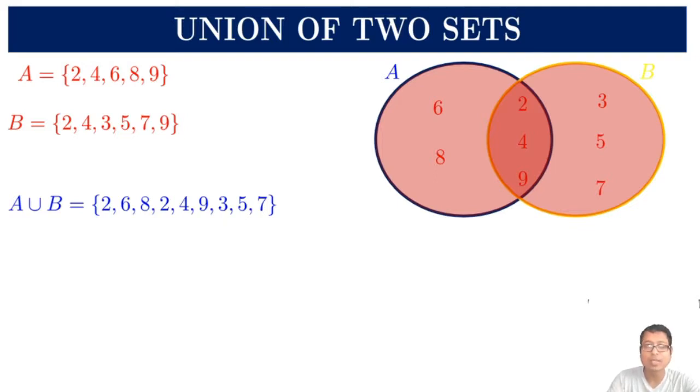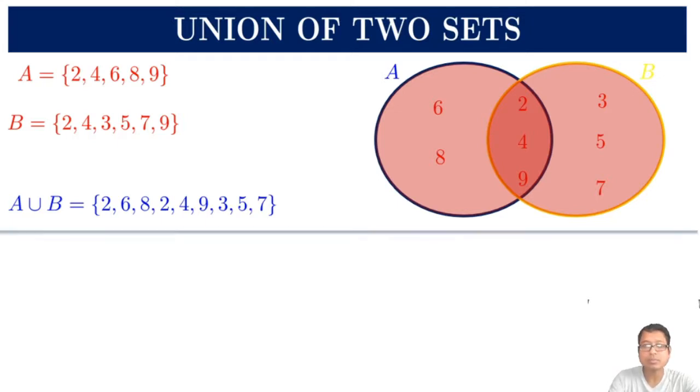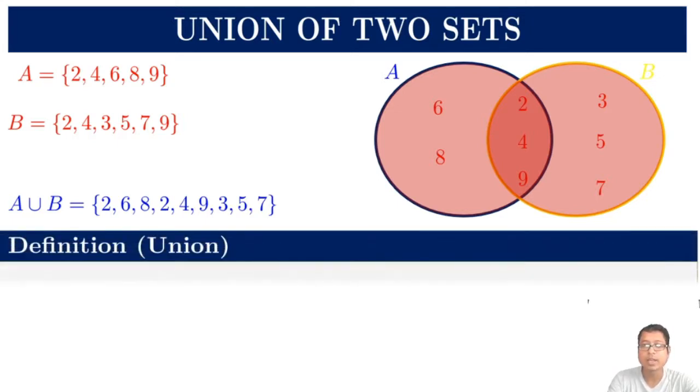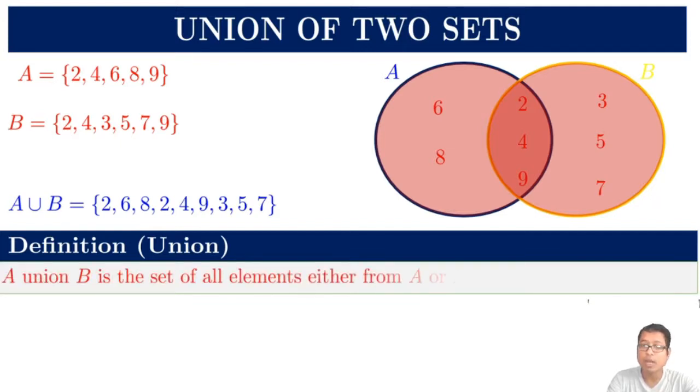That means I can simply say all elements present in A as well as present in B, with the common elements written only once. So we can define the union of two sets: A union B is a set of all elements either from A or from B or from both.